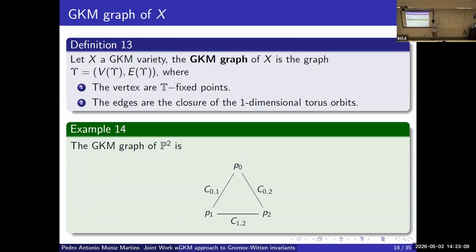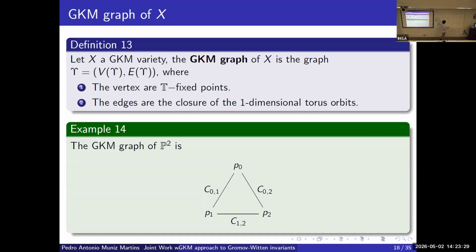When you have a GKM space, it's possible to extract the GKM graph that has a lot of information about the space, and you consider a graph associated with the space where the vertices are the points that are fixed by the action of the torus, and the edges are the closures of the one-dimensional orbits, the P1s inside the space.